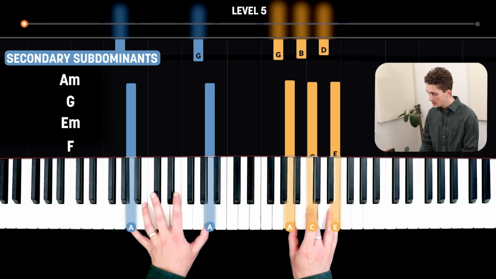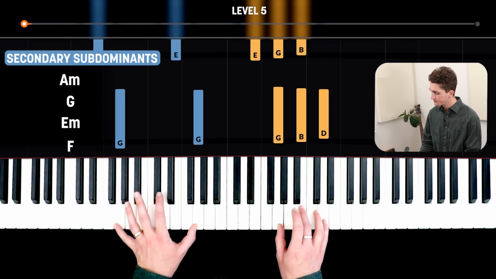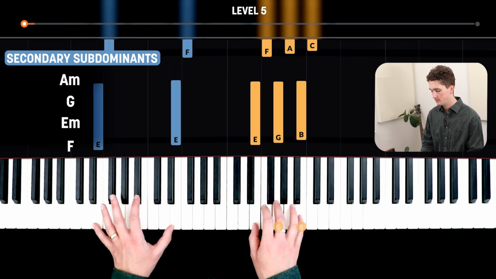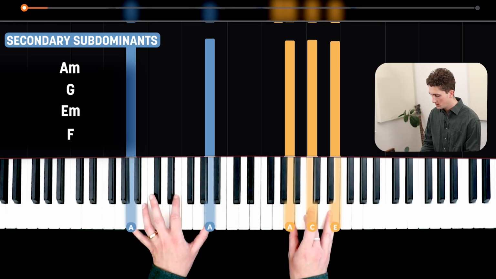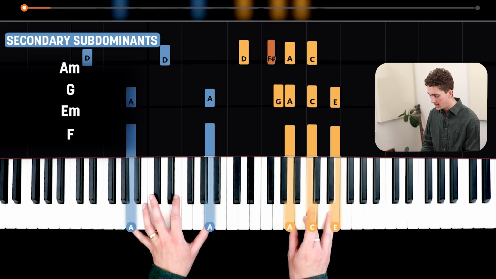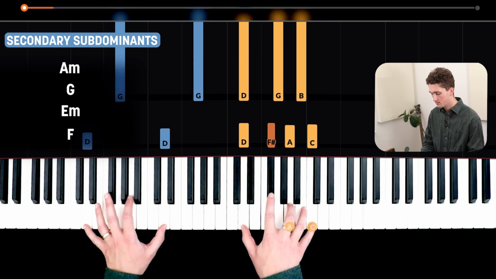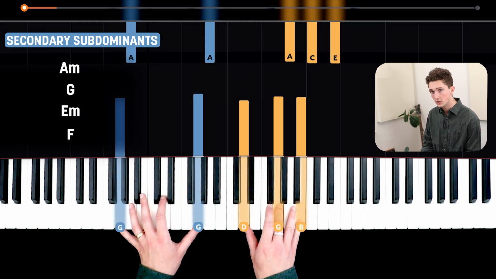So going back to the most basic version of this chord progression, level 1 was A minor, G, E minor, and F. Now this is what I mean by our 2, 5, 1. We're on A minor, and then we're going to go to G. What happened there?